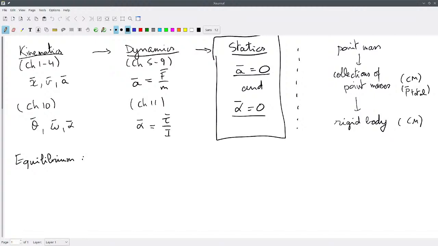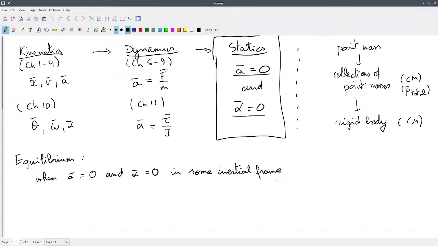An equilibrium, or static equilibrium in particular, is a condition, as I wrote there already and introduced it, when the linear acceleration and the angular acceleration are 0 in some inertial reference frame. If I can find an inertial reference frame where the linear acceleration and the angular acceleration are both 0, then that object or that system is said to be in static equilibrium.